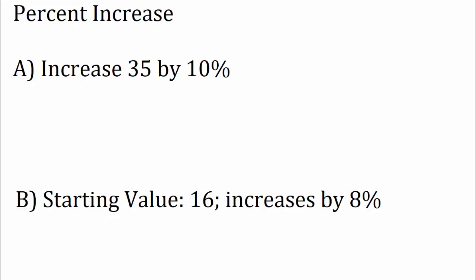Here we want to increase 35 by 10%. Well, let's see. First we could figure out 10% of 35. To calculate that, we can just multiply 0.10 times 35, which gives us 3.5.